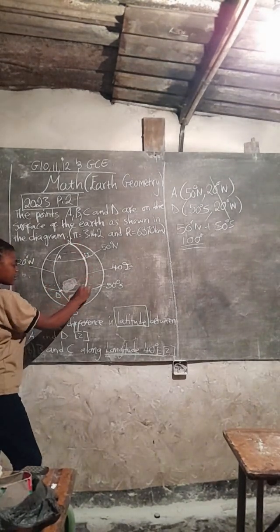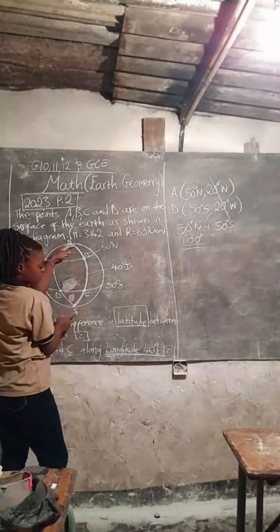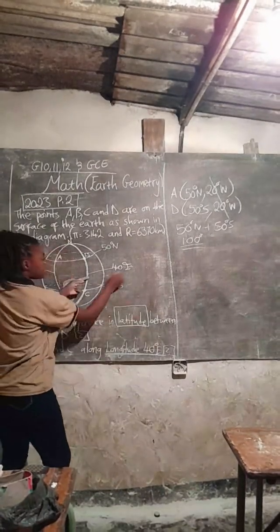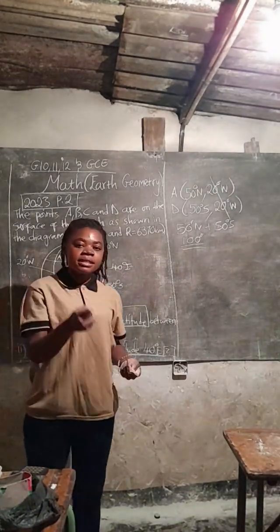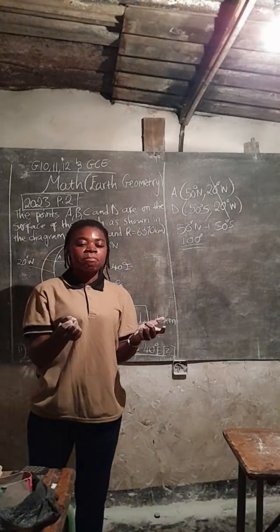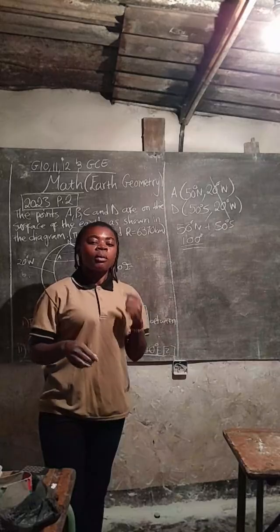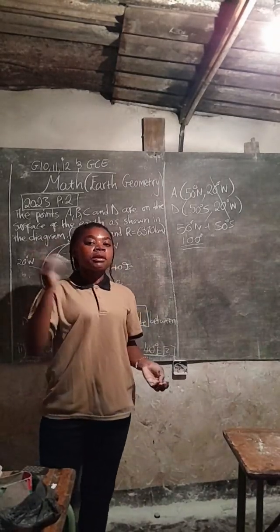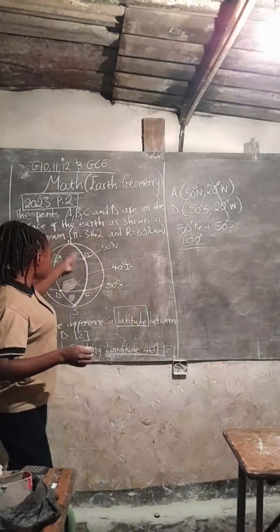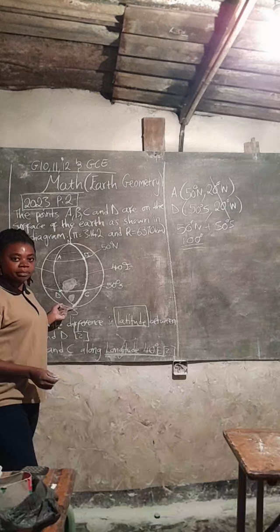Because they are on the same longitude, which is 40 degrees east, when we are finding the distance, we use the formula for what? The great circle. Why are we using the formula for the great circle? Because always, when the points are on the same longitude, we are using the great circle.